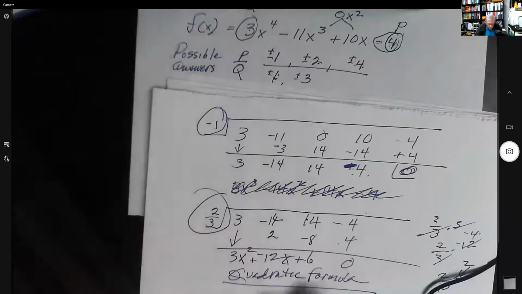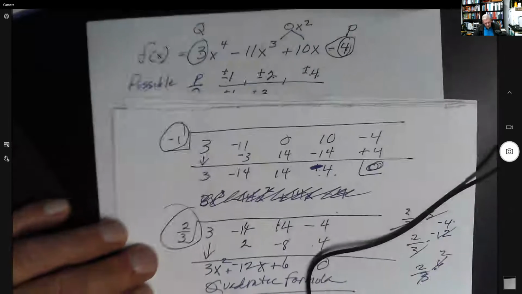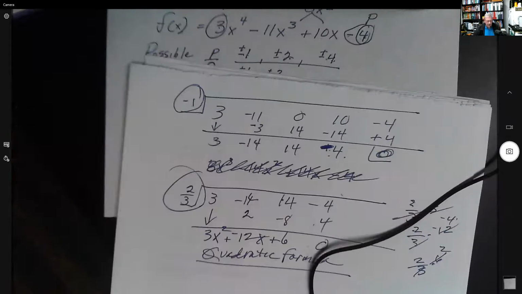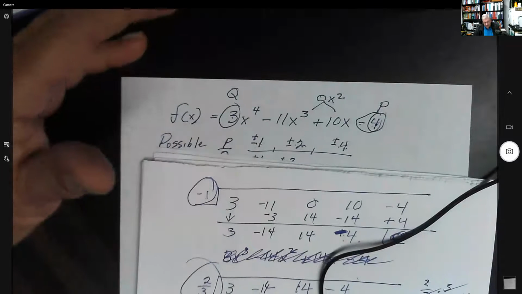So tomorrow we'll see if we can finish this problem using the quadratic formula. So you can see this is time consuming, but we can actually try to solve these problems, but they're very difficult. And the higher the power, obviously, the more difficult it gets.